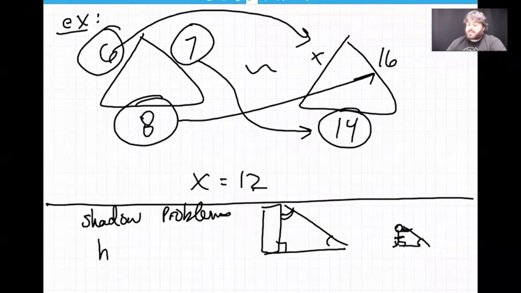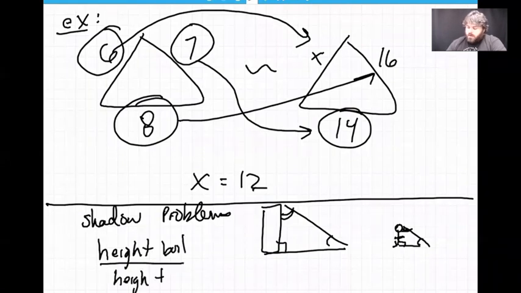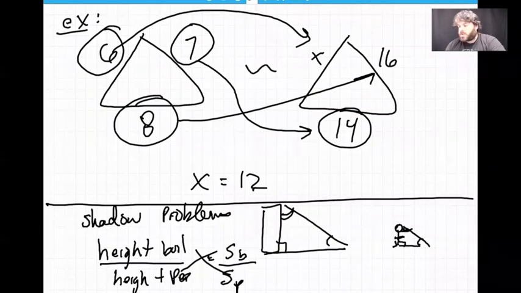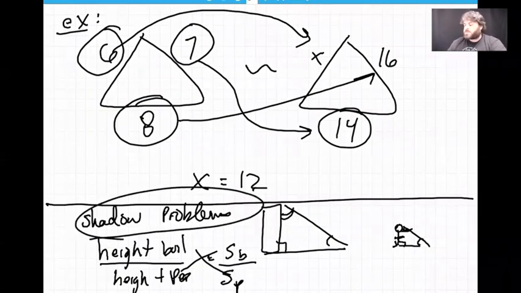So the height of the building over the height of the person should equal the shadow of the building over the shadow of the person. Then, of course, you just cross multiply to solve. So that's the idea: shadow problems use this same idea. Also, you'll see it with similar figure problems like we've been seeing, when you're told that these two shapes are similar.